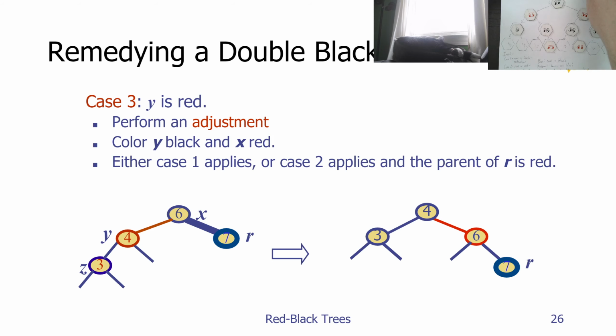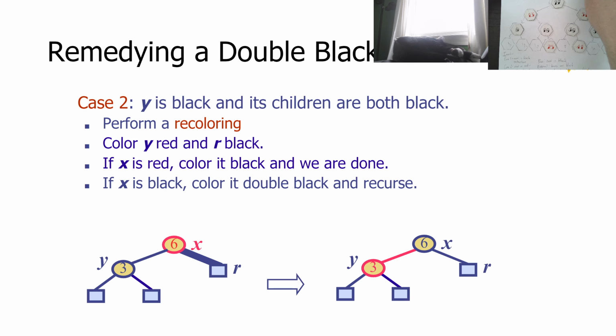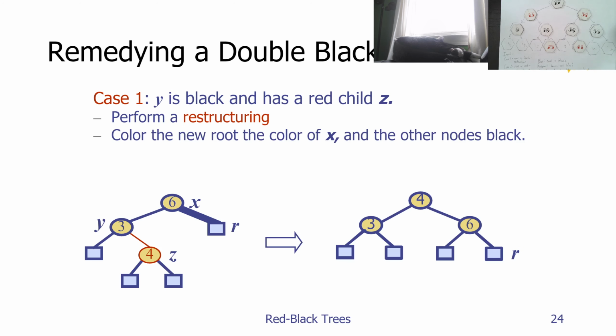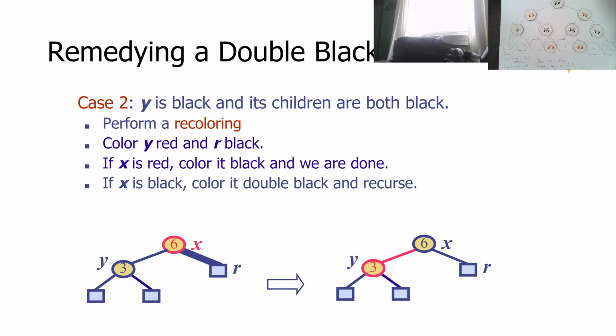The way this works is we have to ask ourselves how many restructurings could we possibly do. If we hit case one, we do one restructuring and then we're done. So that's worst case one restructuring. Case two, we perform a recoloring and then we recurse back up. So this is zero for a case two.